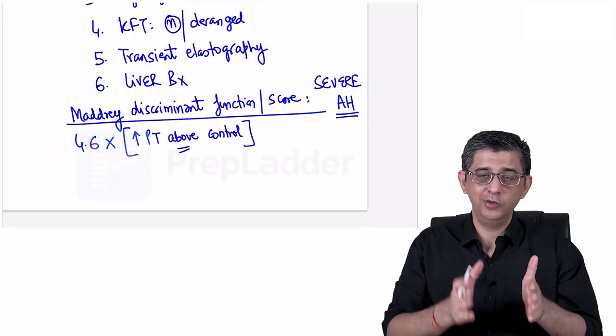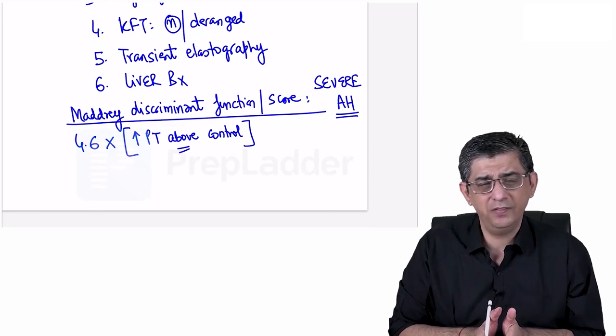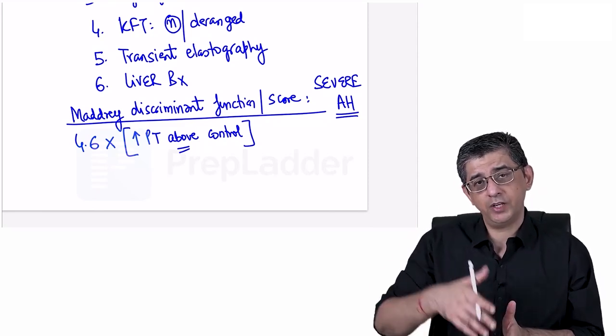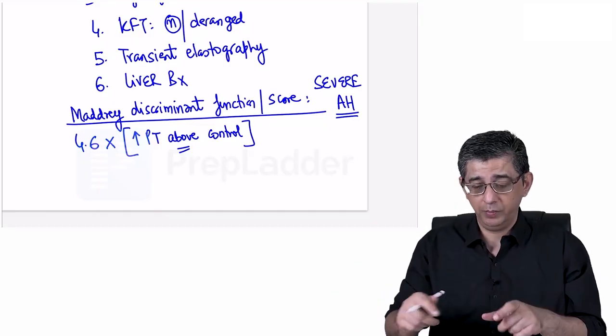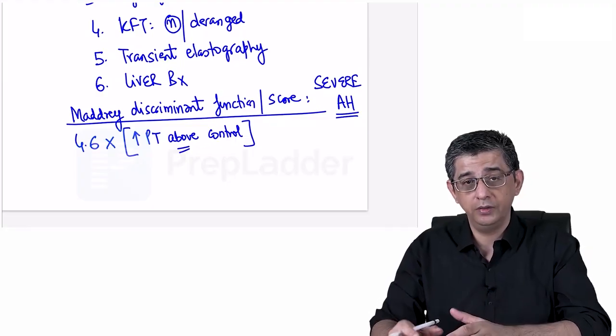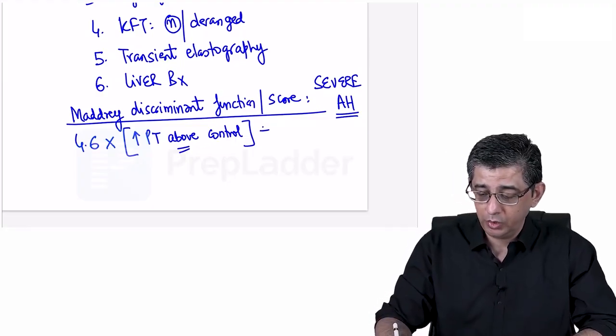Like, you know, the normal value is 11 to 16 seconds. Let's take an average of 14 or 15, and the actual value of the patient is 40 seconds. So it would be 40 minus 14. That would be the rise above normal that we are considering in this formula. To this, I will be adding the bilirubin value of the patient.